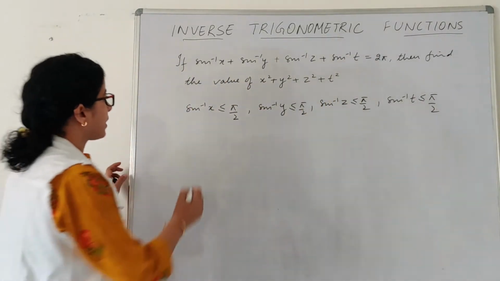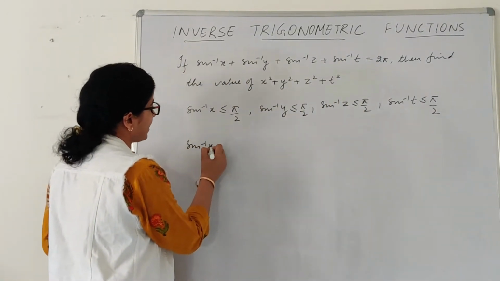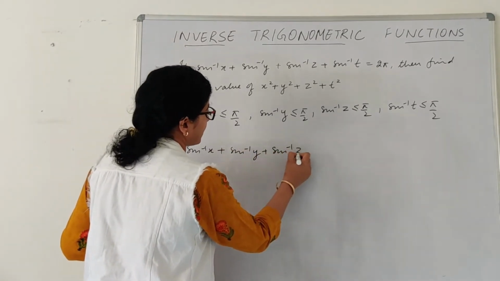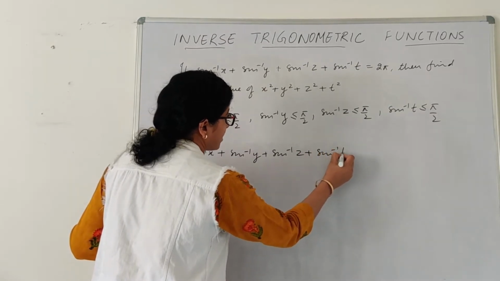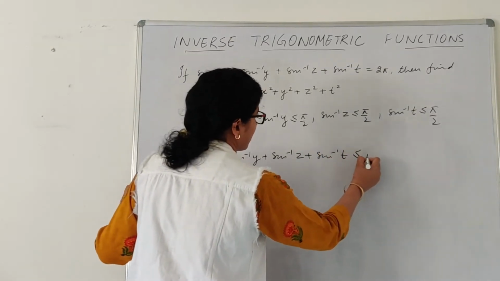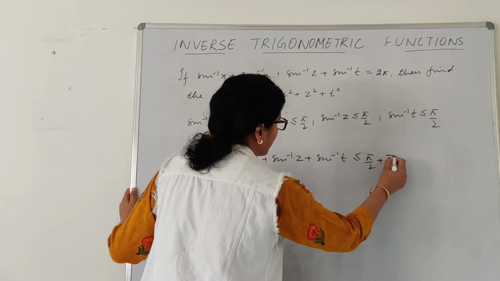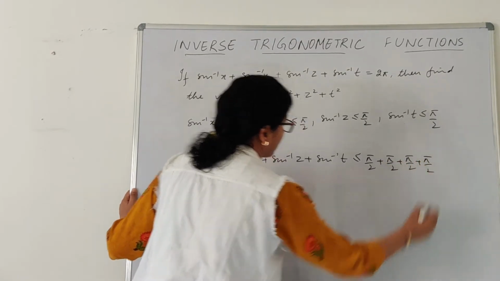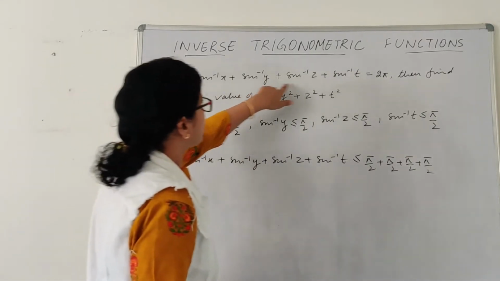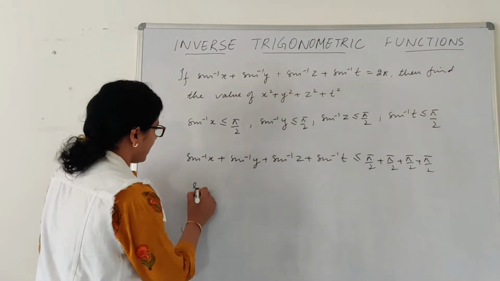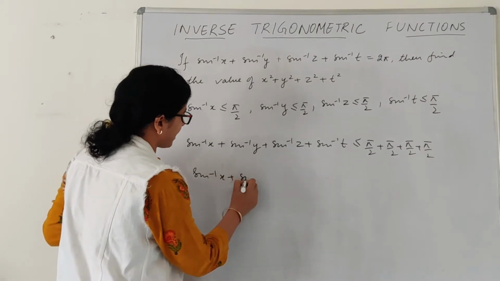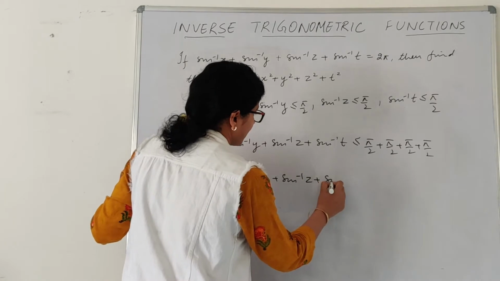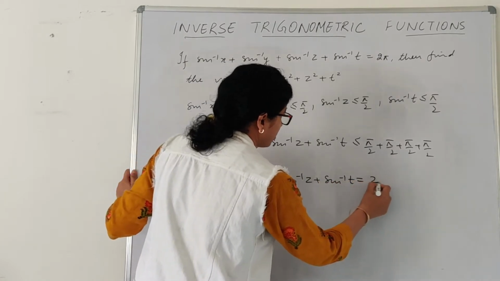So now I can write sine inverse x plus sine inverse y plus sine inverse z plus sine inverse t is less than or equal to pi by 2 plus pi by 2 plus pi by 2 plus pi by 2. Is that clear? So check this condition, they have given equality, so I can write sine inverse x plus sine inverse y plus sine inverse z plus sine inverse t equals 2 pi.